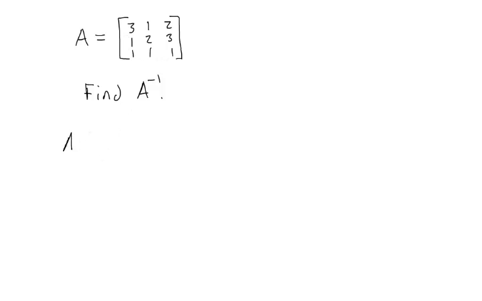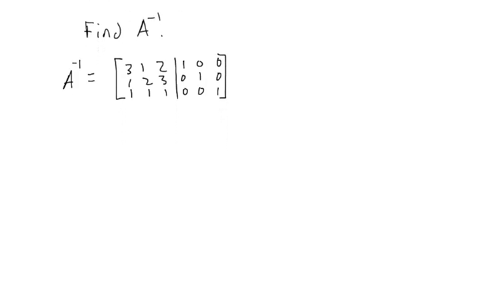So we write A, then put the identity matrix on the right side of our line. And now we're going to perform row operations to create the identity matrix on the left, and whatever turns out on the right becomes our inverse matrix.